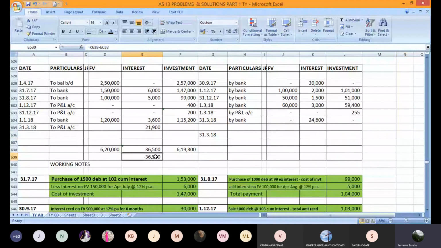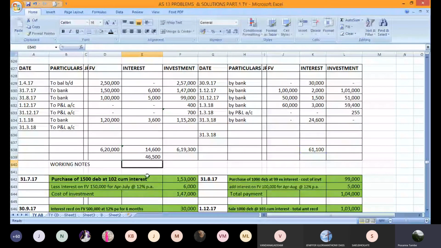We need to transfer the balance in interest account to profit and loss account. So we'll first tally that. Your credit side total of interest is 61,400 and debit side total is 14,600.